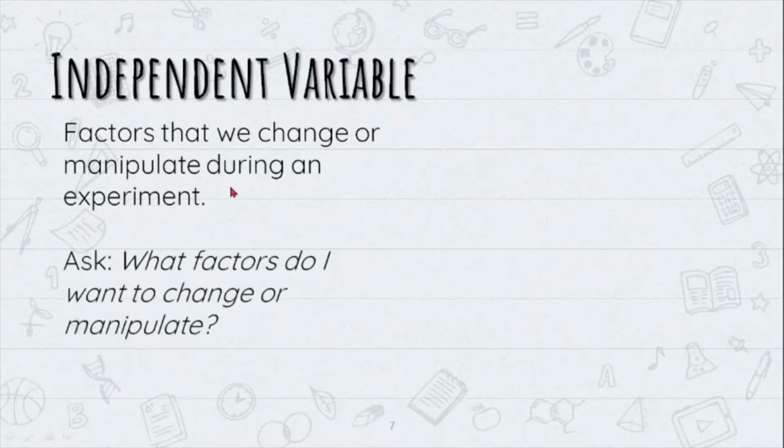So if you wish to identify what will be your independent variable in your experiment, you should ask the following question. What factors do I want to change or manipulate? So in identifying independent variable, you should focus on the things that you want to change or you want to manipulate.